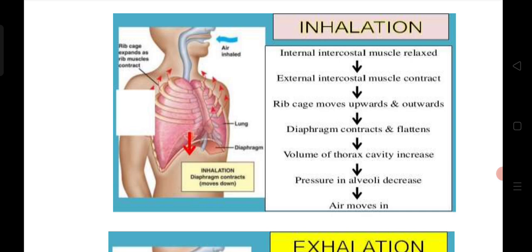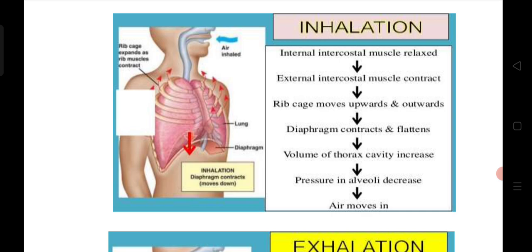So in inhalation, when the air is inhaled, the internal intercostal muscles get relaxed, whereas the external intercostal muscles get contracted. Due to this, the rib cage moves upward and outward, because the air is being filled inside the lungs, and the size of the lungs increases.